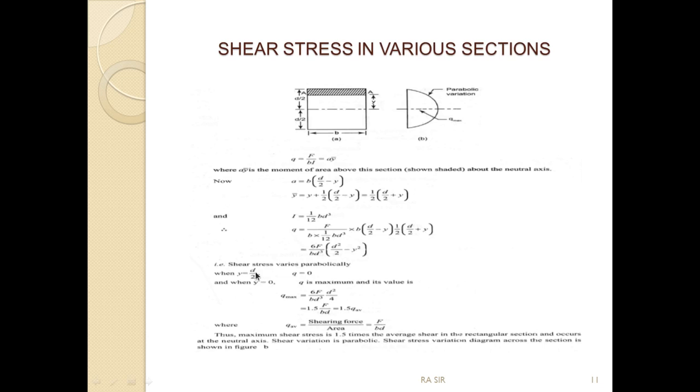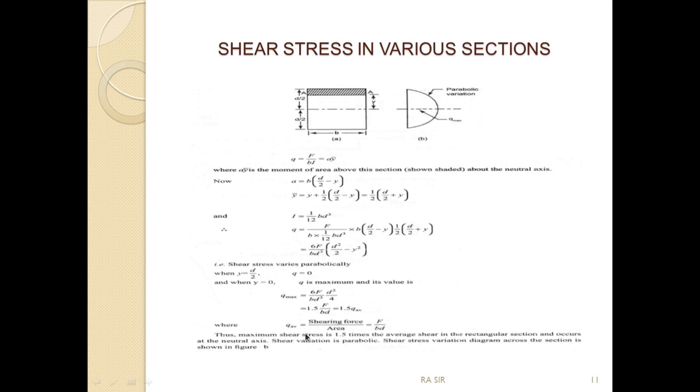So this boundary condition gave rise to that. Okay, at y equals 0, that means at this particular point, q is maximum. That means the shear stress is maximum at the y equals 0 position.